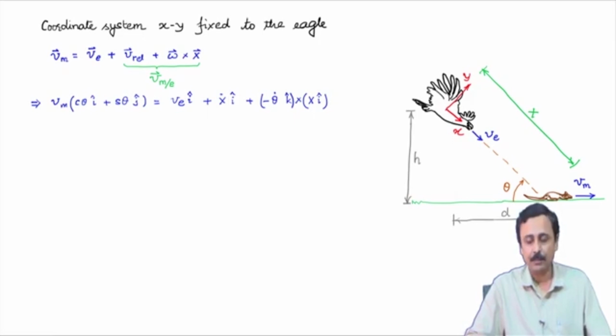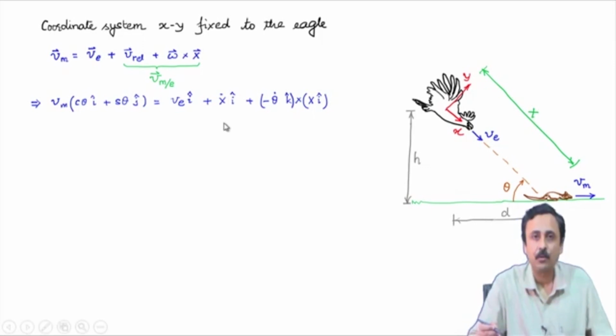Next, the absolute velocity of the eagle represented in the xy frame. Because we have fixed the coordinate system with the eagle, the absolute velocity of the eagle in the xy frame is along the x axis direction always. So, this is the magnitude Ve times the unit vector i cap.